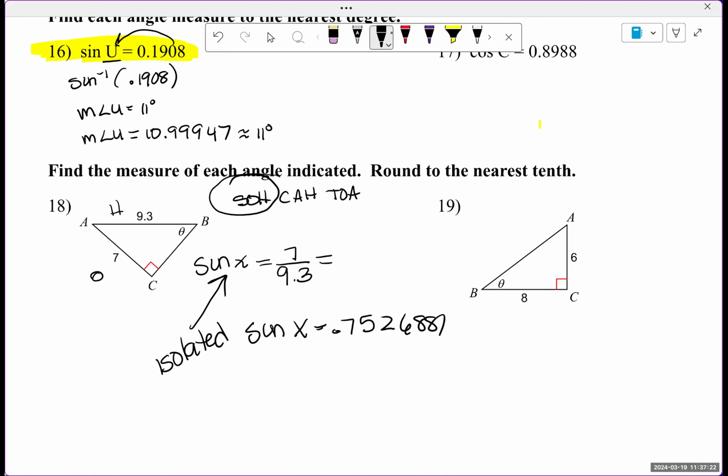You can either type it in or you can go second sine, which gives me the inverse, second sine of the answer.